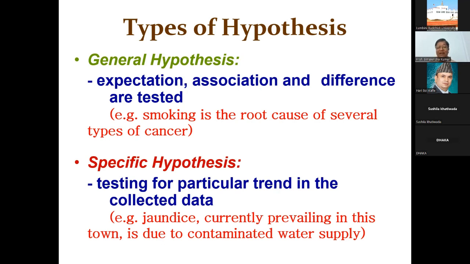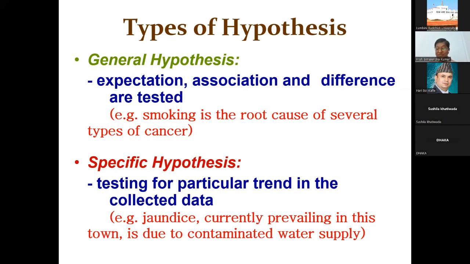This is a general hypothesis. Then a specific hypothesis, which is tested for a particular trend in the collected data. As for example, jaundice currently prevailing in this town is due to contaminated water supply.